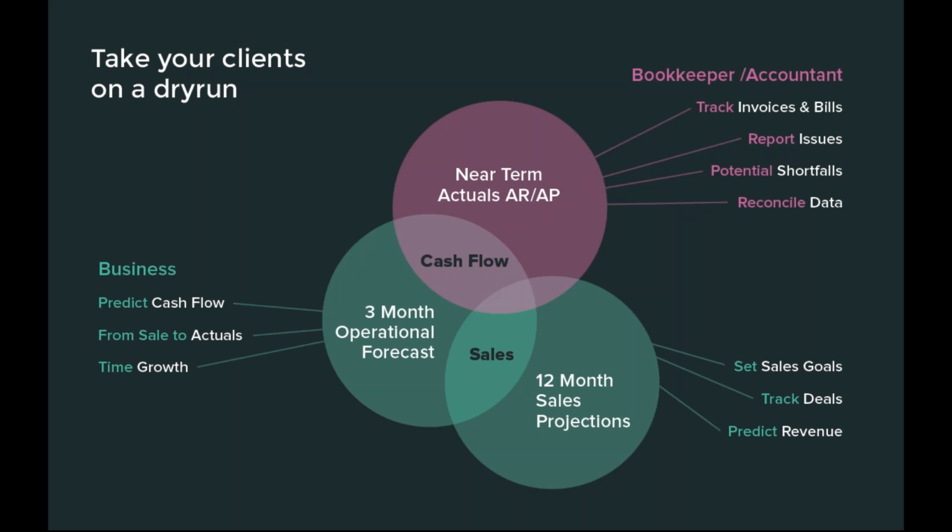Now, I do have a number of business clients and actually accounting professionals who shy away from the idea of creating that third sales projection scenario. To these people, I say, if you have cash flow problems now, that means that 12 months ago, you didn't set goals that were achievable, or any goals at all, in order to have enough money today.